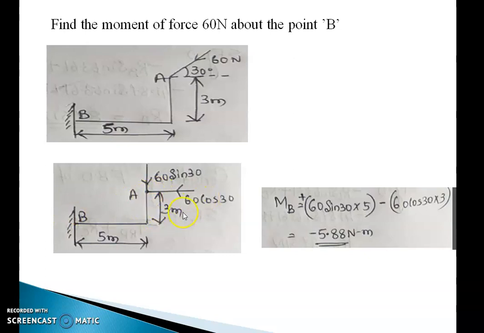So 60 cos 30 into 5 is the moment, and we'll see whether it is anti-clockwise or clockwise. 60 cos 30 is acting towards this direction, so it will rotate the entire system in anti-clockwise direction. Fix a point at B and apply force at A, so it will rotate in anti-clockwise direction. Anti-clockwise moments are negative, so the entire answer works out to be minus 5.88 Newton meter. Okay, thank you.